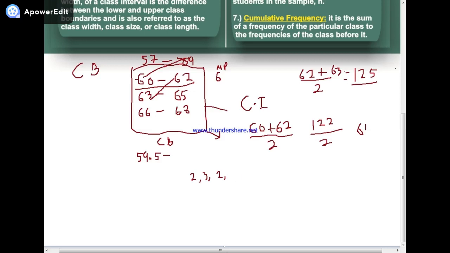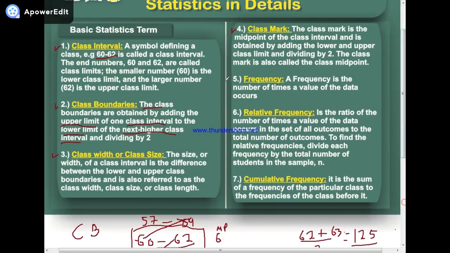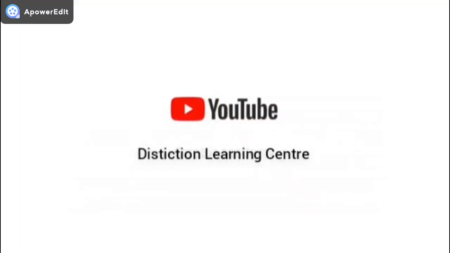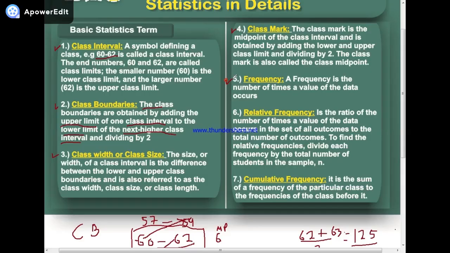Now, let's move to the next term. We've done frequency. Now, let's move to relative frequency.